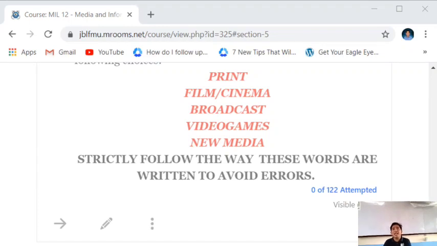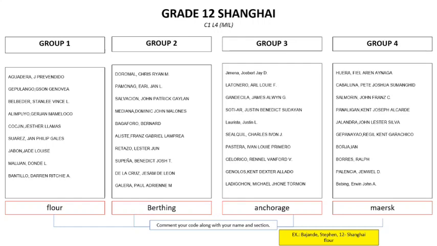Before I end, I will show the groupings of the different people. You know the drill. You know the drill already, so I will not say anything about it. This is section Shanghai. I hope you got it, Shanghai.